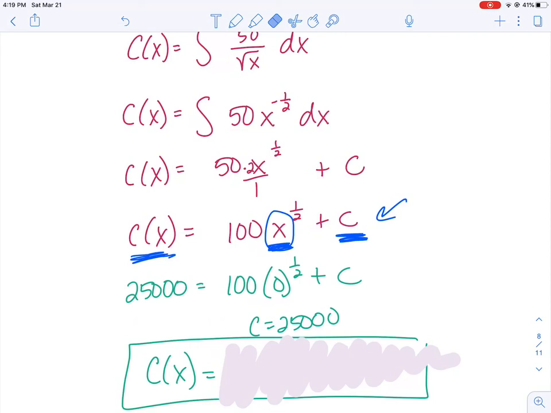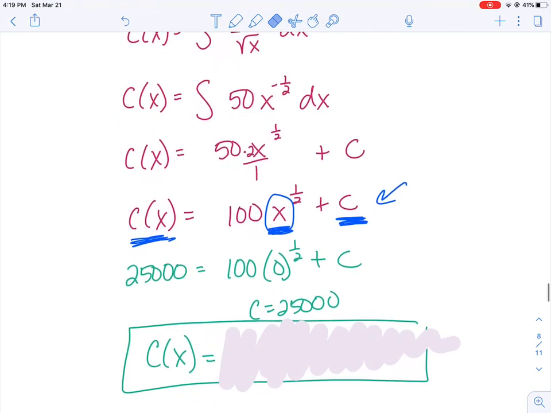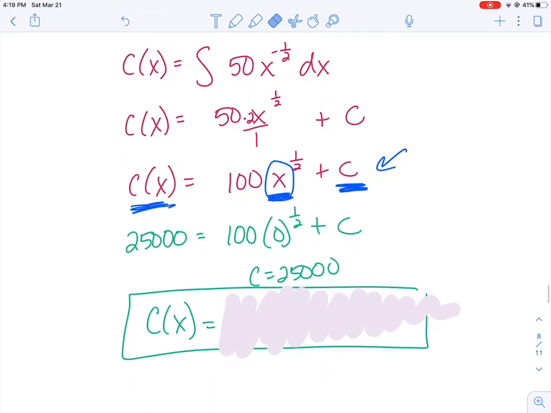So can I plug in that initial condition into this equation, and that'll help me find what my C is, what my constant of integration is. So now I know that my constant of integration is $25,000, and I can actually say then that my cost function, the cost to produce any amount of books, would be 100 times the square root of x, or x to the 1/2, plus $25,000.